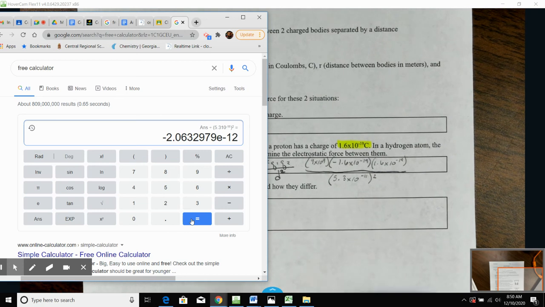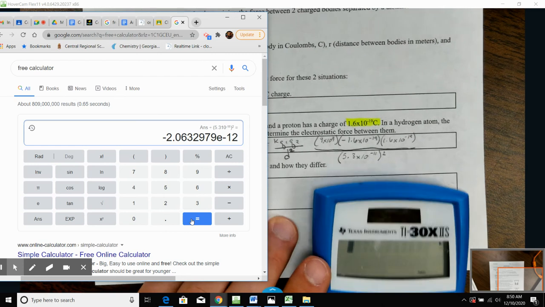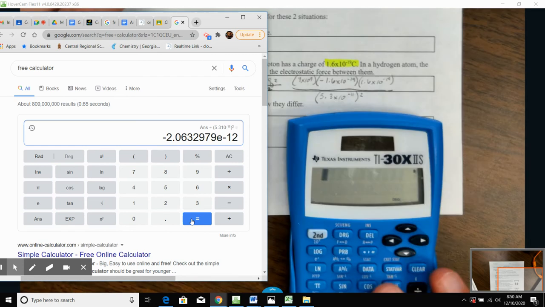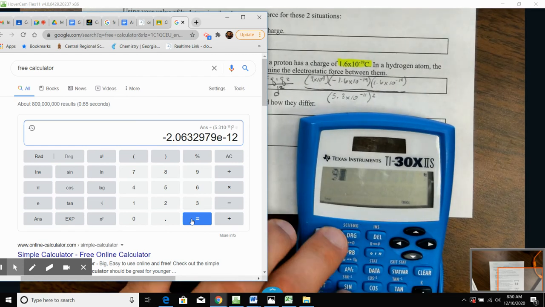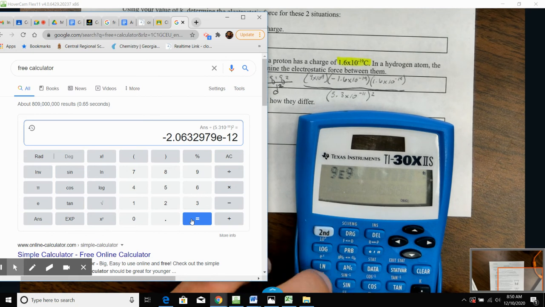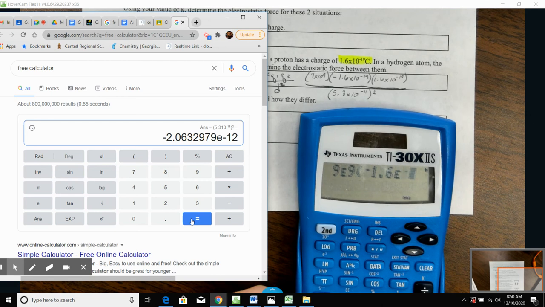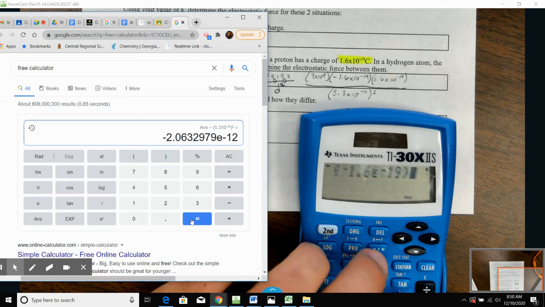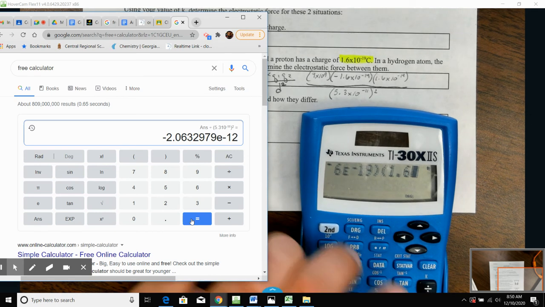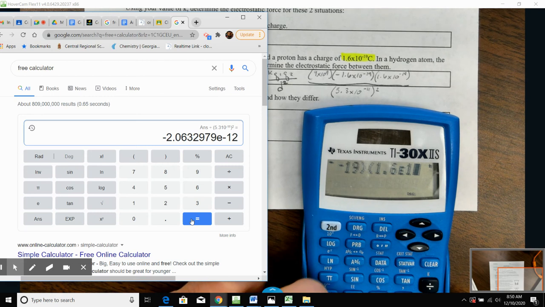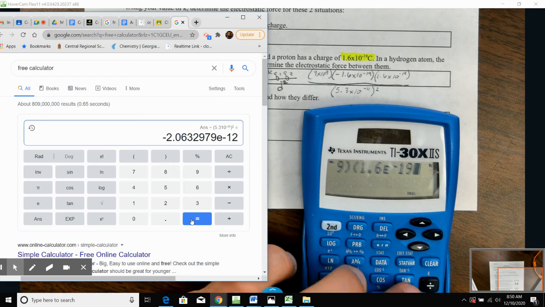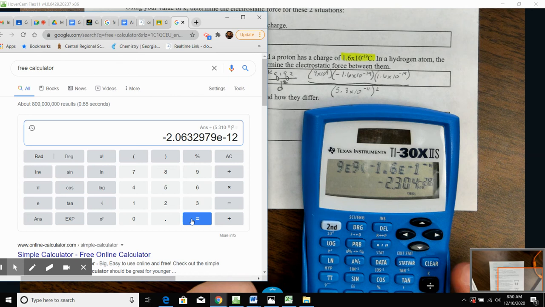Let me just double check on my calculator. If you're using one of these calculators, 9 times 10 to the 9th times negative 1.6 to the negative 19th times 1.6 to the negative 19th. Top line worked.